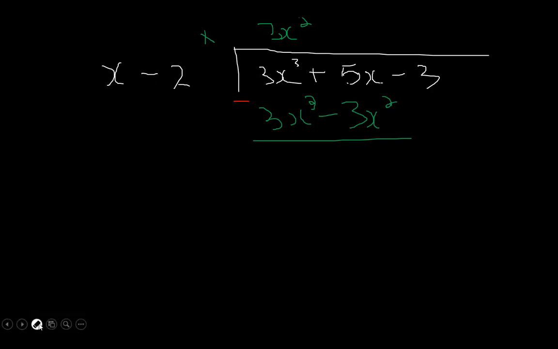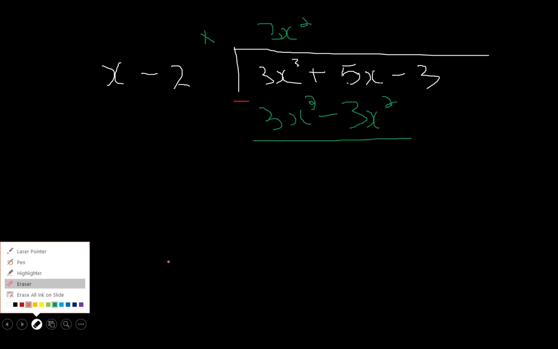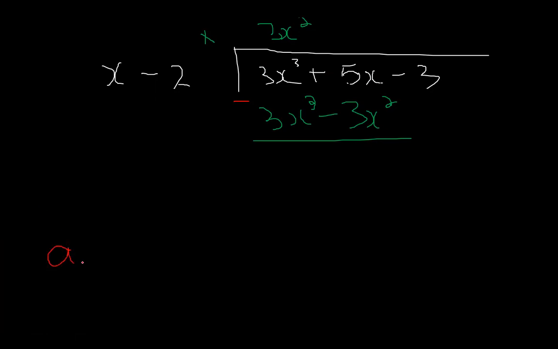because you know a polynomial, what we went through, a polynomial is in this form, ax to the power of n plus bx to the power of n minus 1 plus cx to the power of n minus 2. If you look at this, right? 3x to the power of 3.